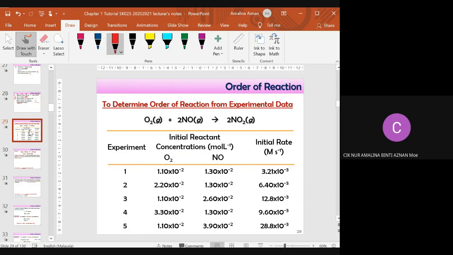Okay, so for this one, okay, kamu akan diberi a set of experimental data dalam bentuk jadual and then you are given equation.